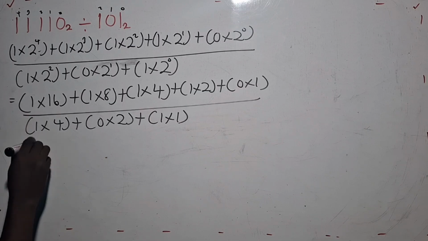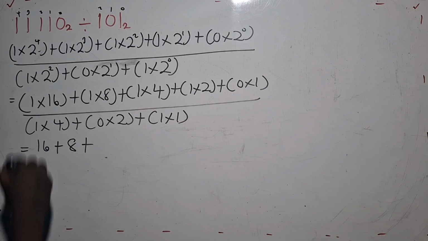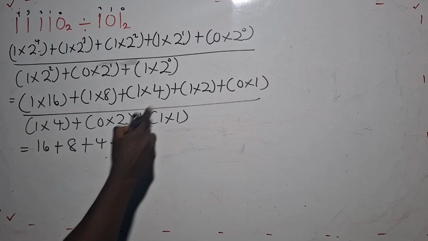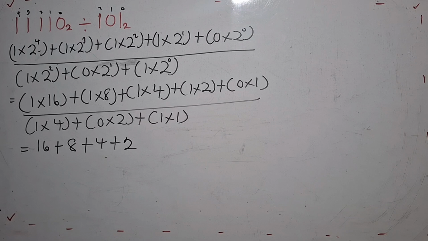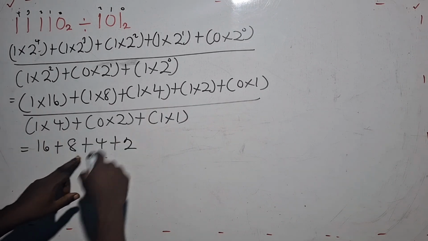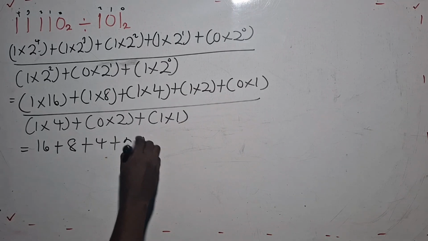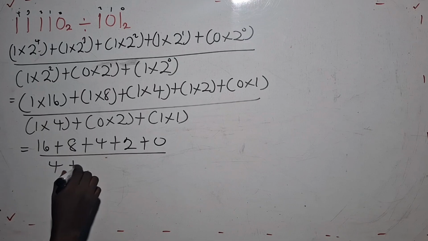Then the top one here will give me 16 plus 8 plus 4 plus 2 plus 0, all over 4 plus 0 plus 1.